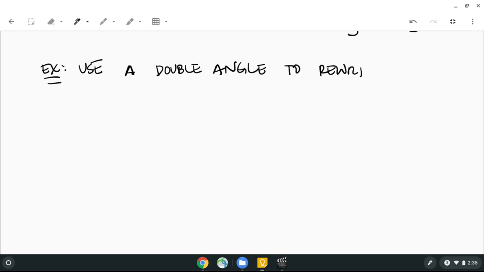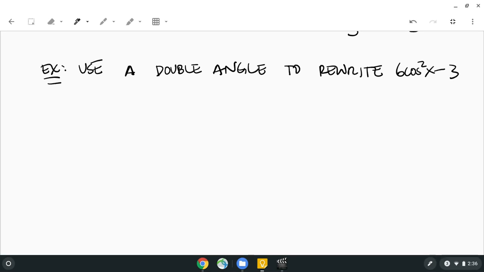Let's use a double angle to rewrite 6 cosine squared x minus 3. Okay, so I'm going to write that down here. 6 cosine squared x minus 3.